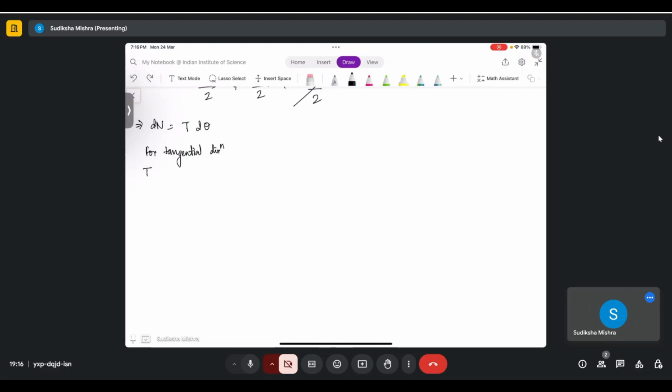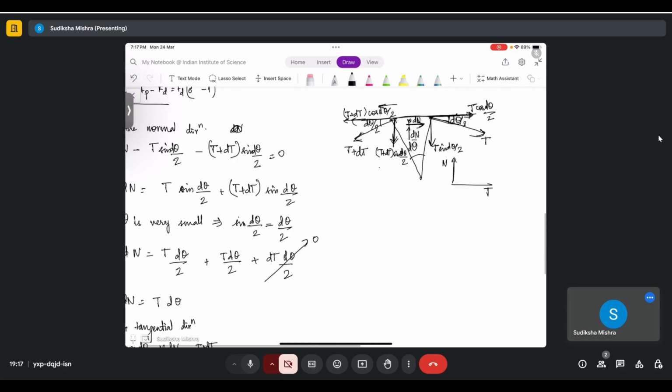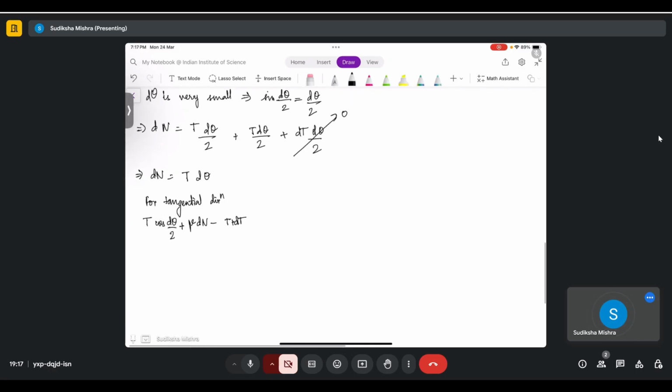T cos d theta by 2 in the positive direction, plus mu dN, the frictional force, in the positive direction, minus T plus dT cos d theta by 2 in the minus direction.